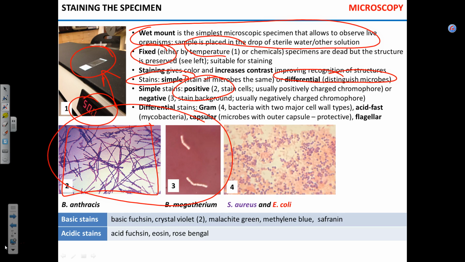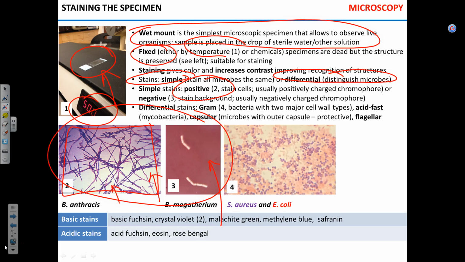You can see the chains of Bacillus anthracis here stained the violet color, right? Because the stain attaches to them. Background remains uncolorized.